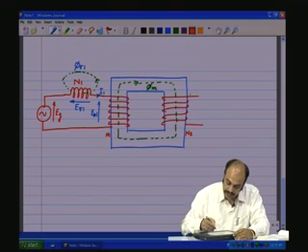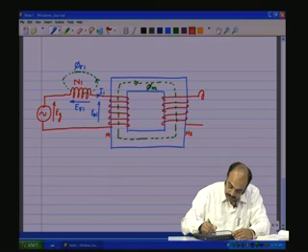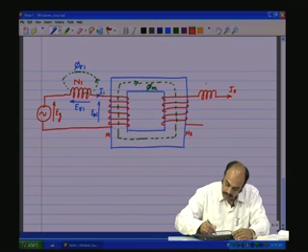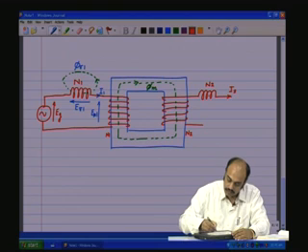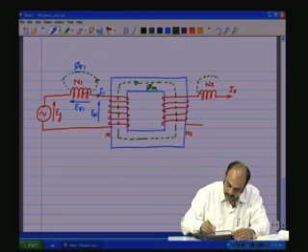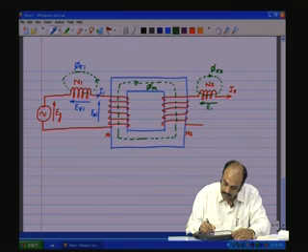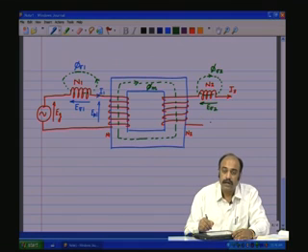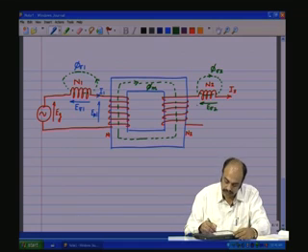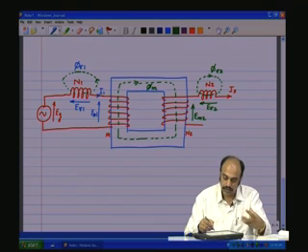Now, similarly on the secondary side, there was a flux due to a current I2 flowing in the N2 coil, which produced a flux phi sigma 2, and this flux phi sigma 2 will produce E sigma 2 as the induced EMF due to the leakage flux, and we have EM2, the induced EMF across the coil due to the mutual flux.